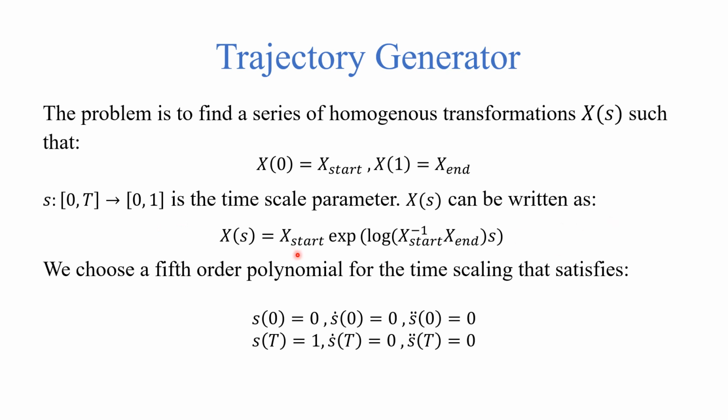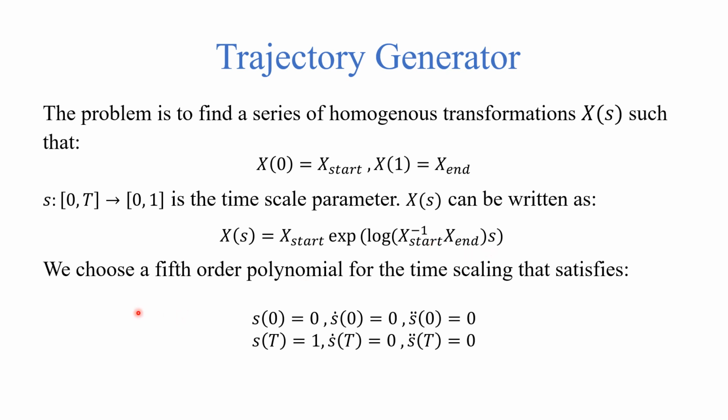Now X(s) can be written using the following equation: X start multiplied by the matrix exponential of log of X start inverse times X end, multiplied by s. This equation right here is based on screw theory, in which the log term actually expresses a velocity twist, which if followed for 1 second would take us from X start to X end.